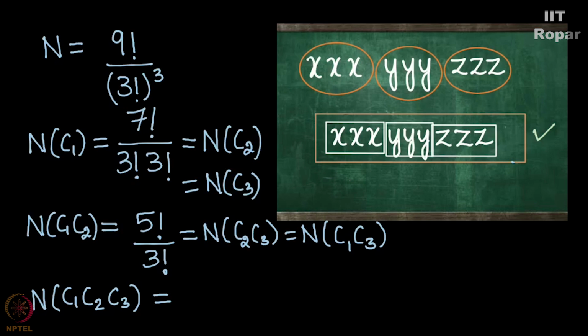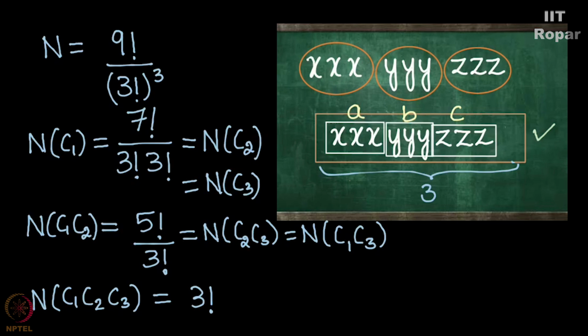So I have 3 units in all. In how many ways can I rearrange them? It is very obvious to see that it is 3 factorial ways. So n of C1 C2 C3 happens to be 3 factorial. You can probably understand it like this: if I represent xxx as A, yyy as B, and zzz as C, in how many ways can I arrange ABC? The answer is 3 factorial.